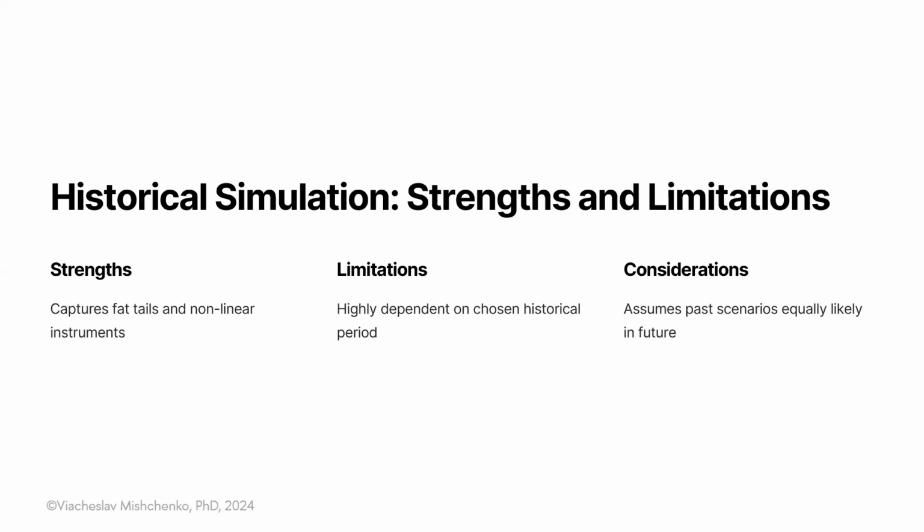However, one of the main shortcomings of the method is its reliance on historical data, which is, on the one hand, its strength, and on the other hand, its weakness.